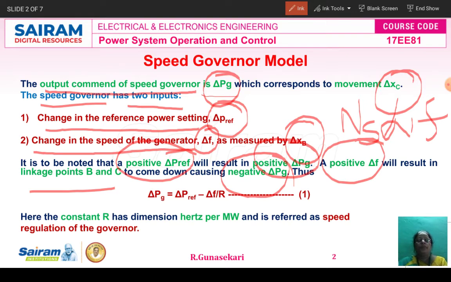Therefore, we get equation 1: del PG equals del P reference minus del F divided by R, where R is a constant whose unit is Hertz per megawatt, which is called the speed regulation of the generator.